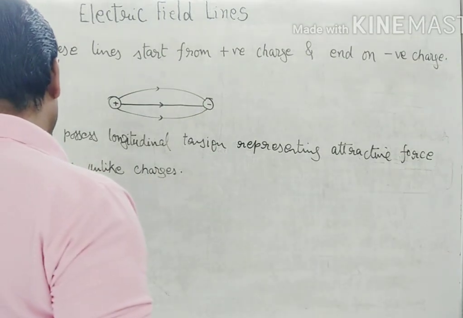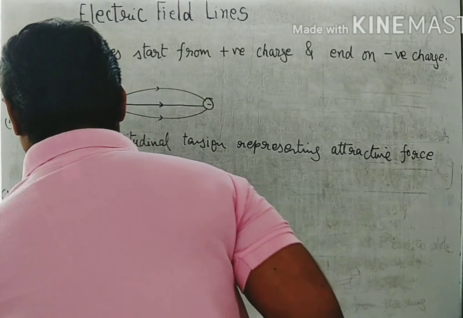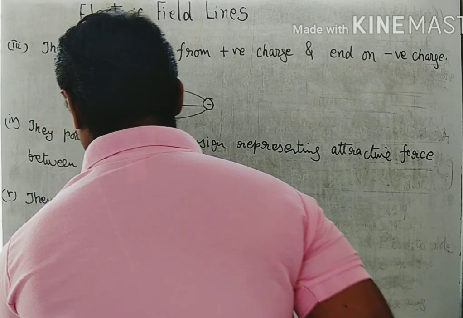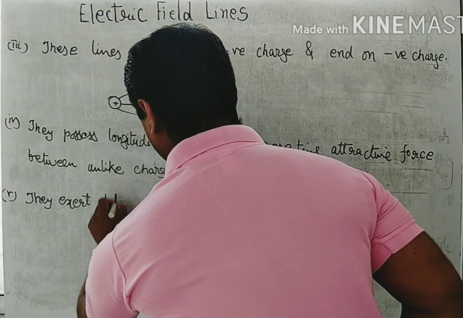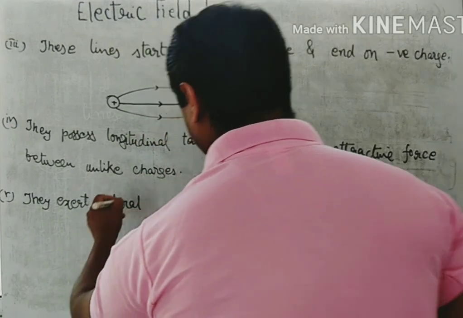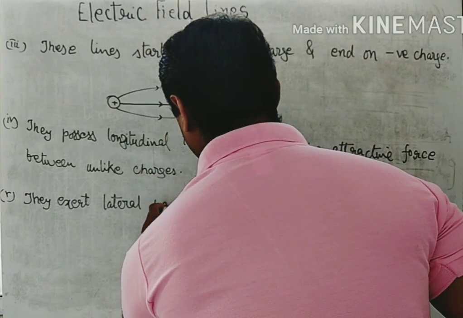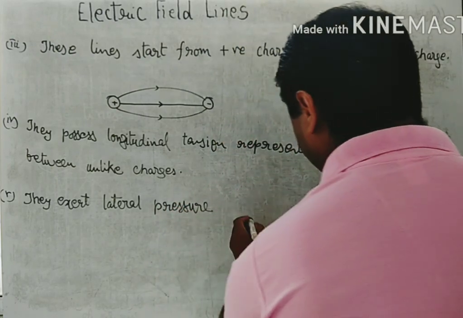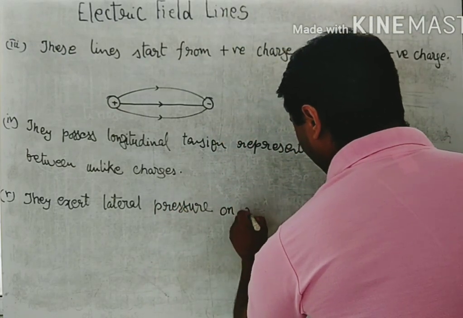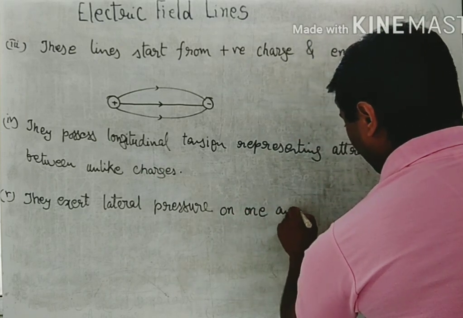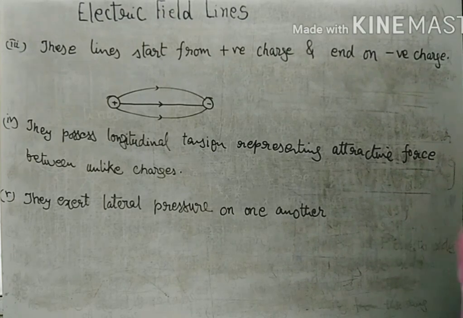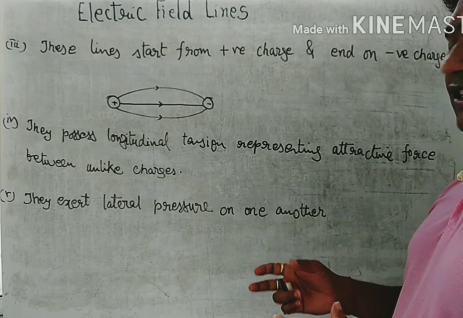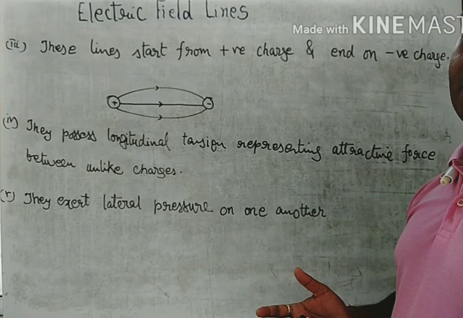Now for the fifth property, we can say they exert lateral, meaning perpendicular to the line, lateral pressure on one another. Now this lateral pressure will represent what? Lateral pressure shows the force of repulsion between the like charges.